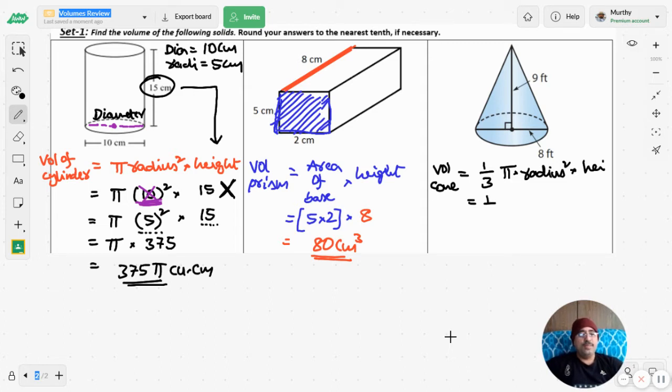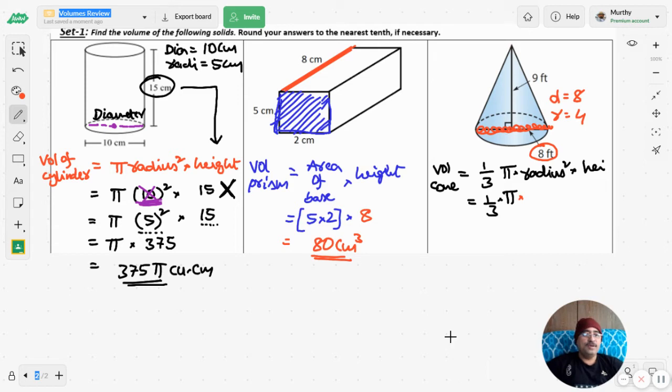Therefore 1/3 pi, what is the radius? Please notice that once again here diameter is given. This is not the radius. So I see that diameter equals 8 feet. Therefore radius is half of 8. That gives me 4 feet.